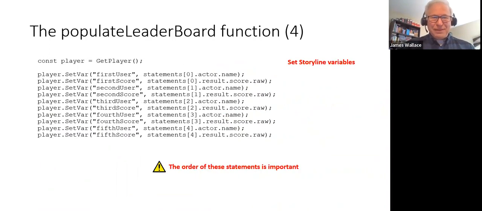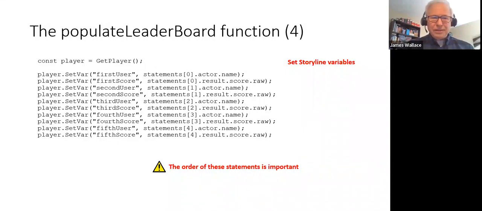Okay, the last part of this, we're going to set the Storyline variables that we're going to pass back to our interaction. So it's constant, we set a value for player, where we're going to get the player, which becomes Storyline.